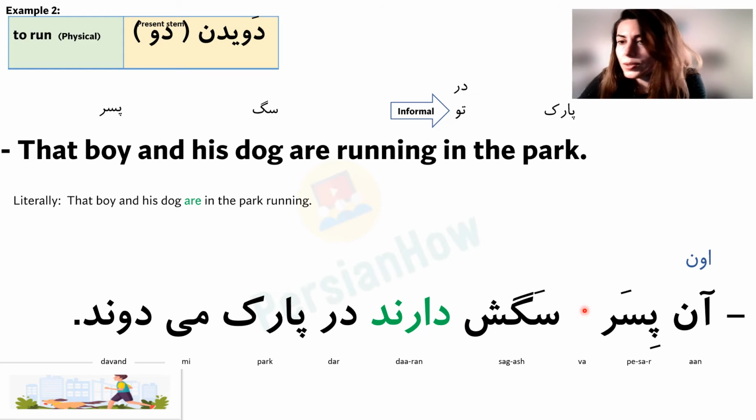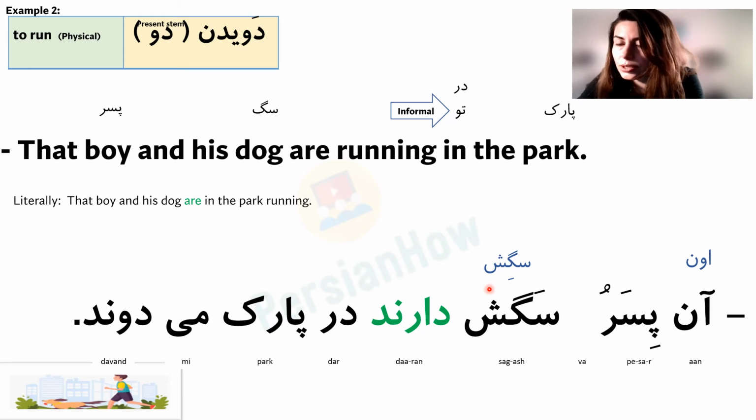Instead, we put a short vowel o on the letter before that. So pesaro, by hearing o, I know that it is referring to the conjunction va. And then sagash in the spoken language becomes sagish.